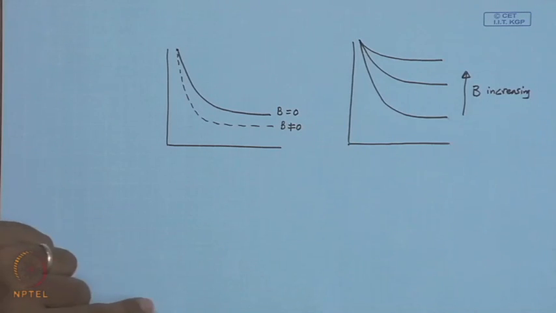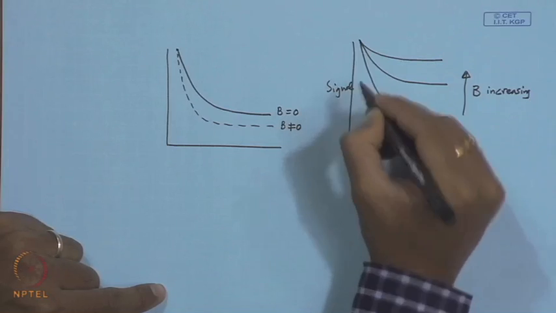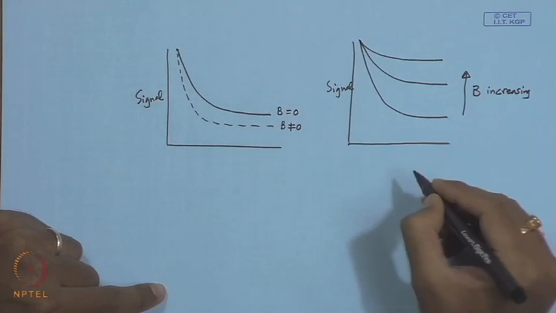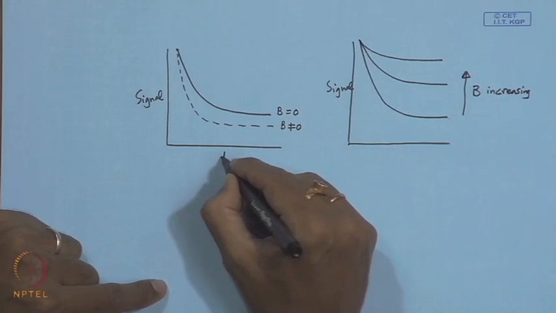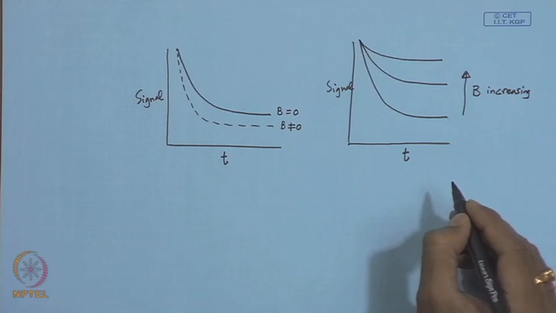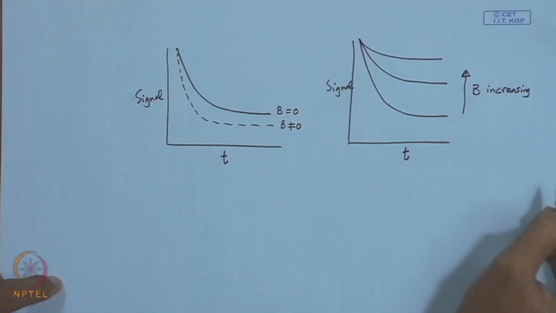These are signals, maybe OD or similar quantities, against time T. Okay. The reverse may be expected for a singlet born radical pair.